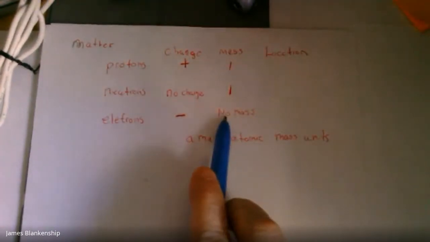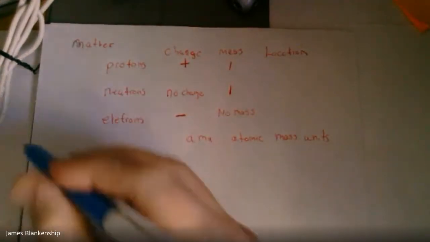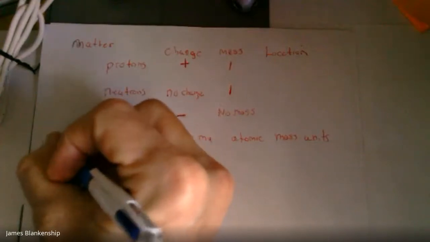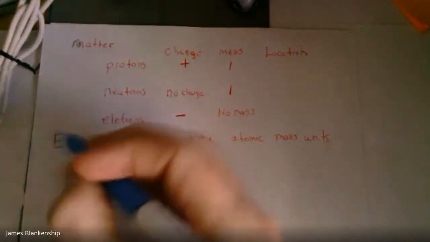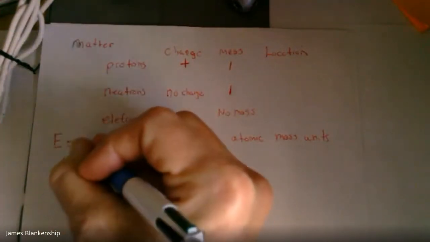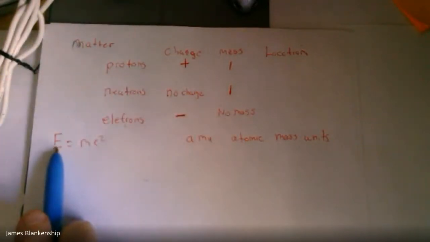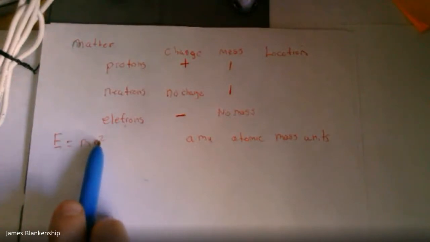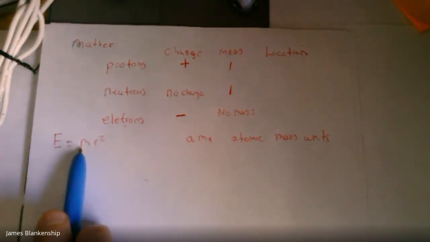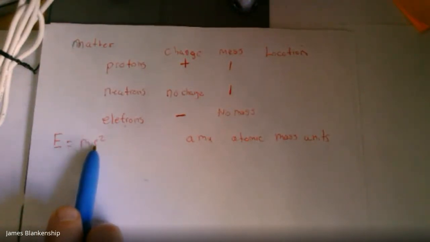Now, this is not exactly true, but you won't factor in an electron's mass until you get to Einstein's equation of E equals mc squared. Energy equals mass times the speed of light squared. That's an equation that you would see at the end of Gen Chem 2.